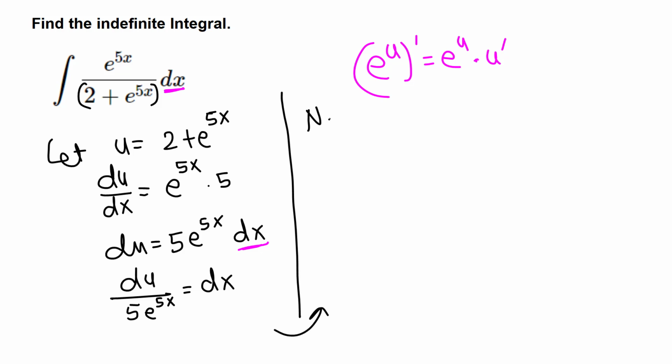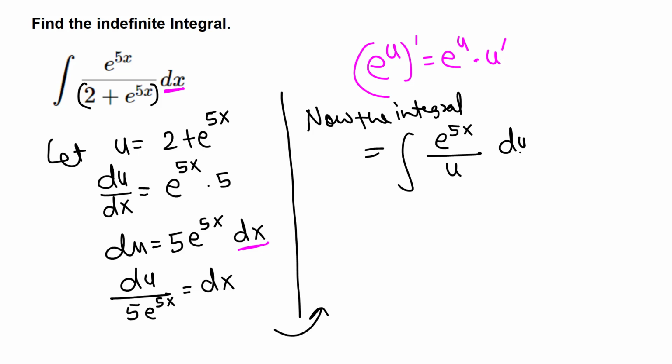So now the integral equals this one. On the bottom, that is simply u. On the top we have e to the 5x times dx. Here we go, dx is du over 5 e to the 5x.